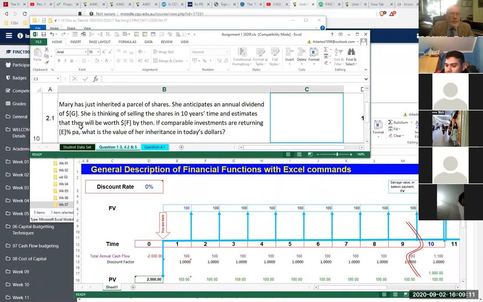And in addition, they're going to be worth F dollars by then, which looks like this future value amount here, like the second up arrow. So I'm going to get 10 dividends of G dollars. And in addition, at the end of the 10th year, I'm also going to sell the shares for whatever their sale price is. It's called the FV, future value.